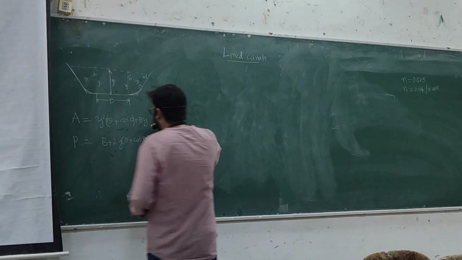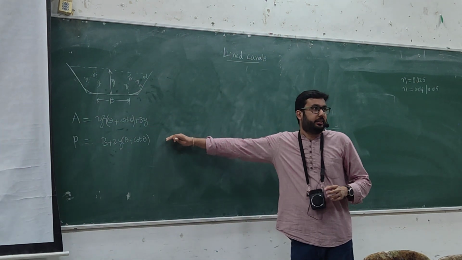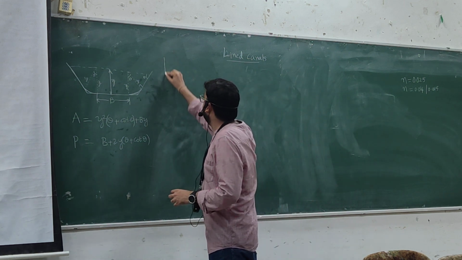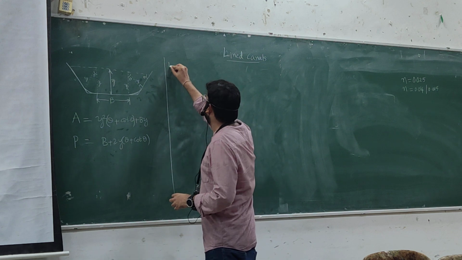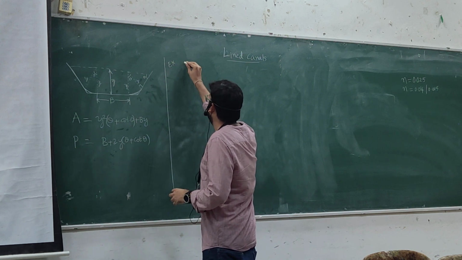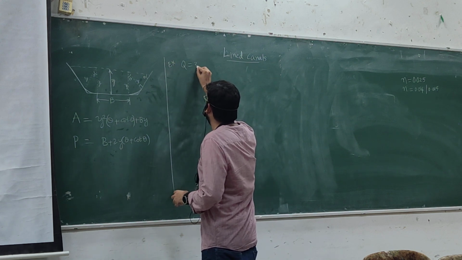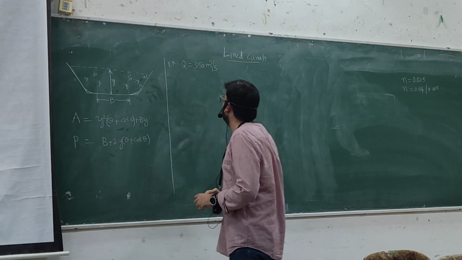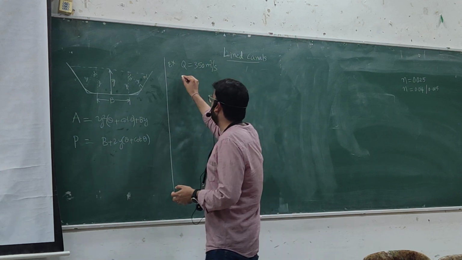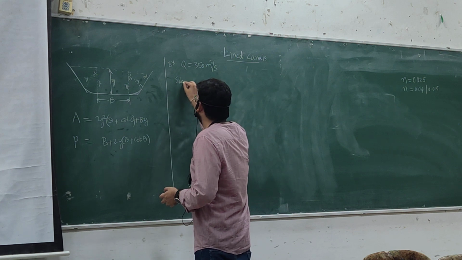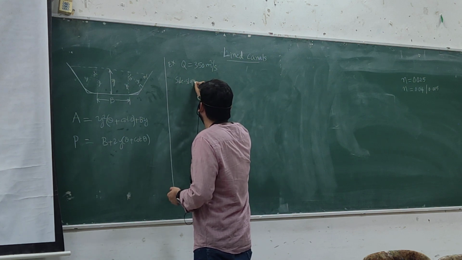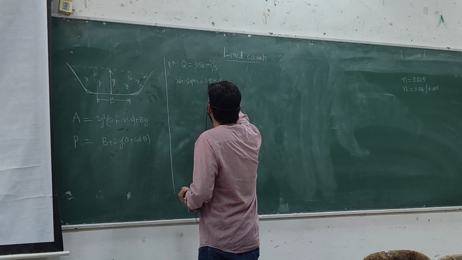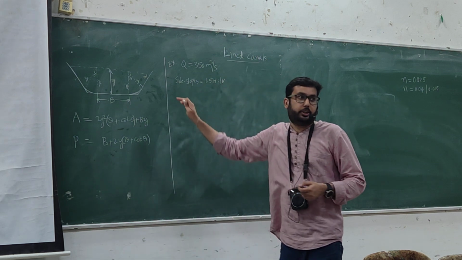Now, once we have the relationship for A and P, let's try an example of how you can use this. Let's say I want to discharge 350 meter cube per second, and the side slopes are 1.5 horizontal to 1 vertical.